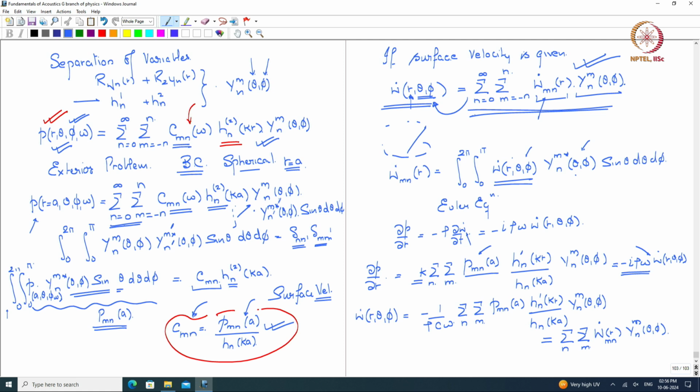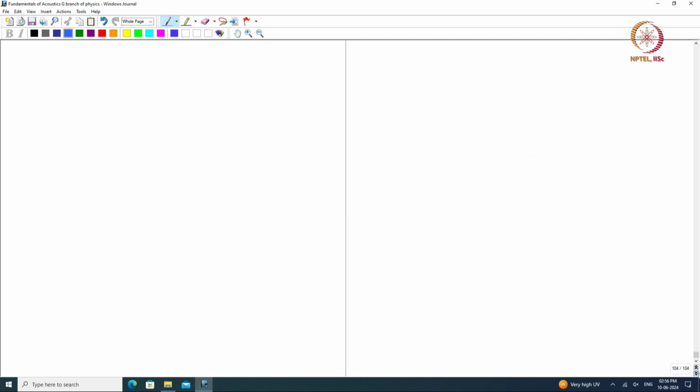Okay, so now this can be written as w dot mn, because every term is being summed, term by term they are equal, minus 1 by i rho c p_mn of a, Hankel dash kr by Hankel n of Ka.